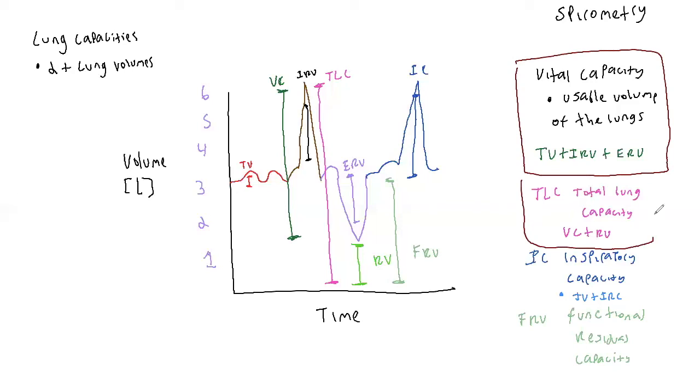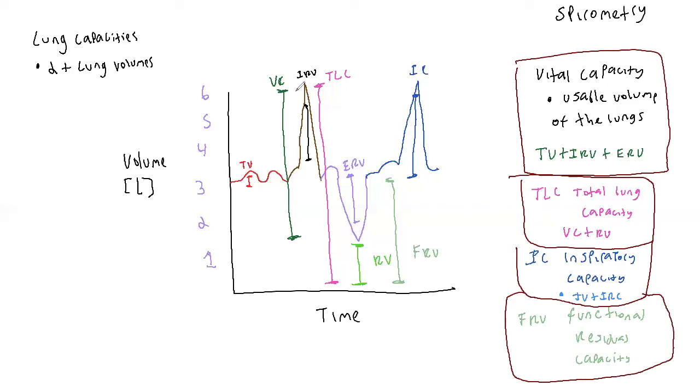So these are all the different capacities. And what this does is it is going to measure two components of the lungs. One is going to be compliance, which is the lung's ability to expand naturally. And healthy lungs should expand naturally. Okay.